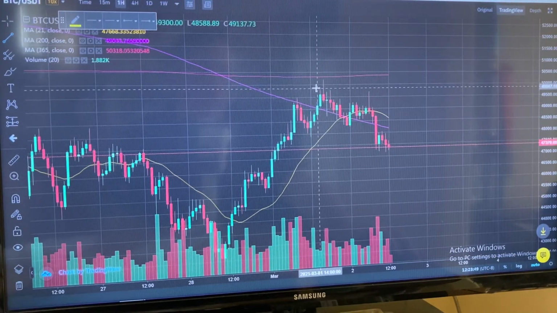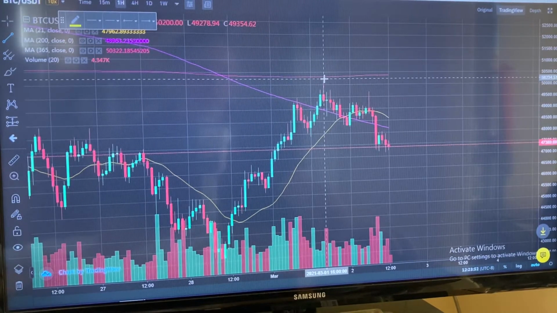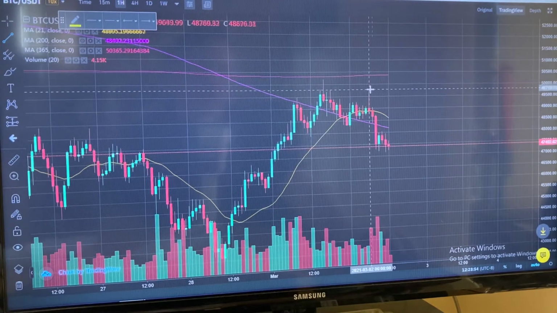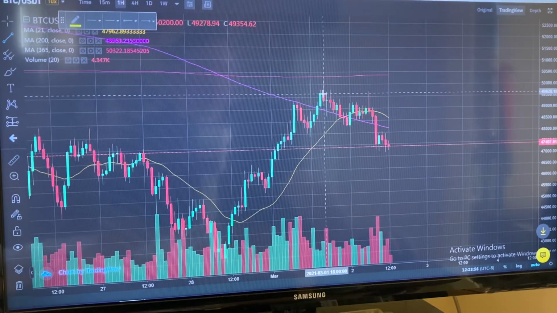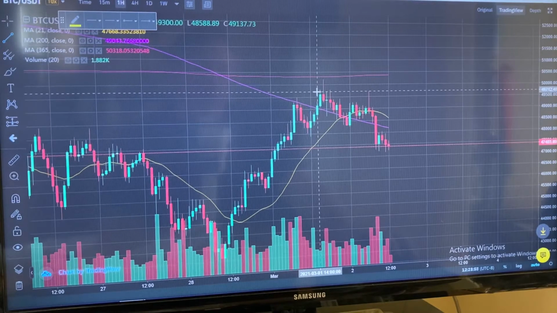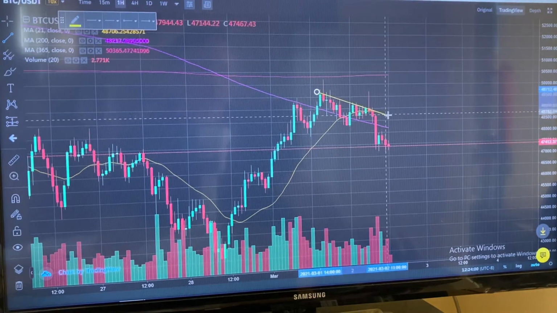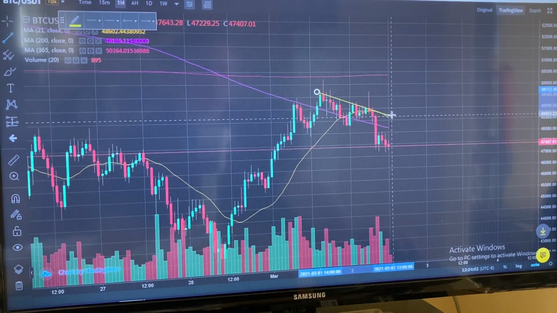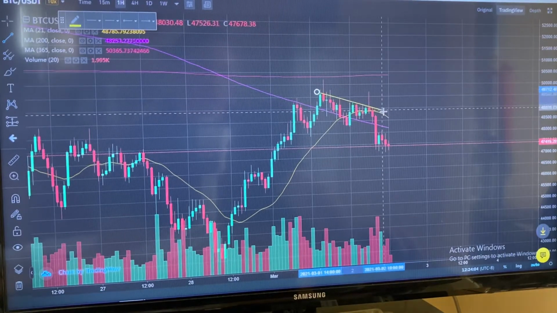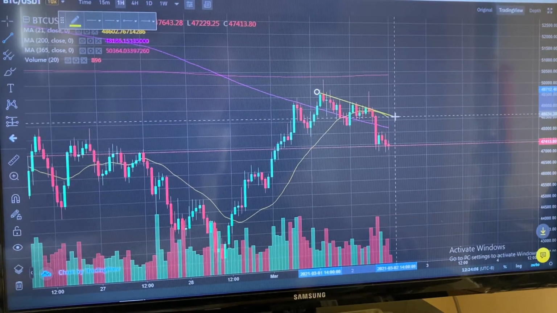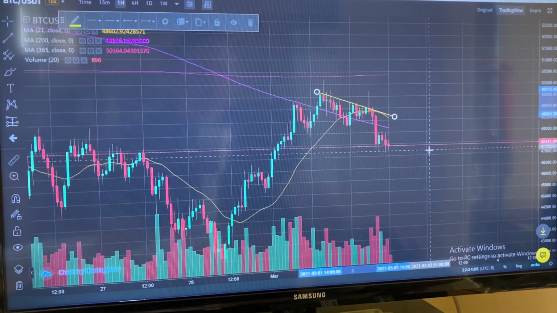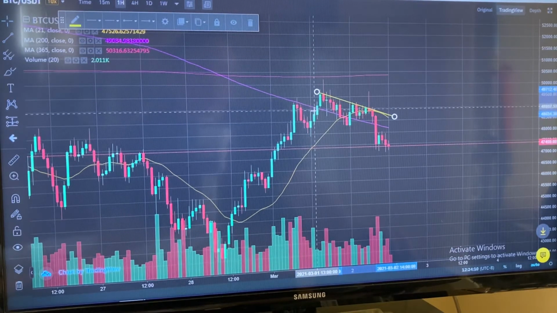So we start with the top line. Now you can start at the wicks, or you can start at the top of the candle. So we're just going to start at the top of the candle, and we're going to click once. You don't have to drag, you just click it, drag your mouse, and then left click again, and it puts the line in place. We're going to do another one.